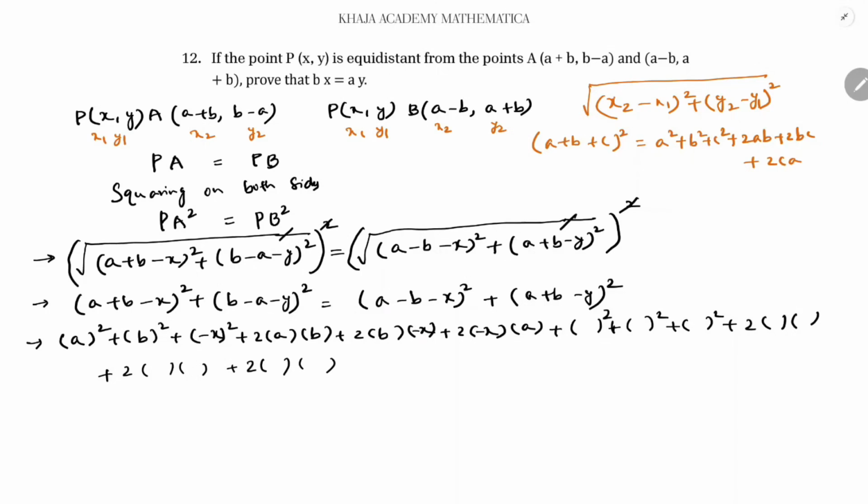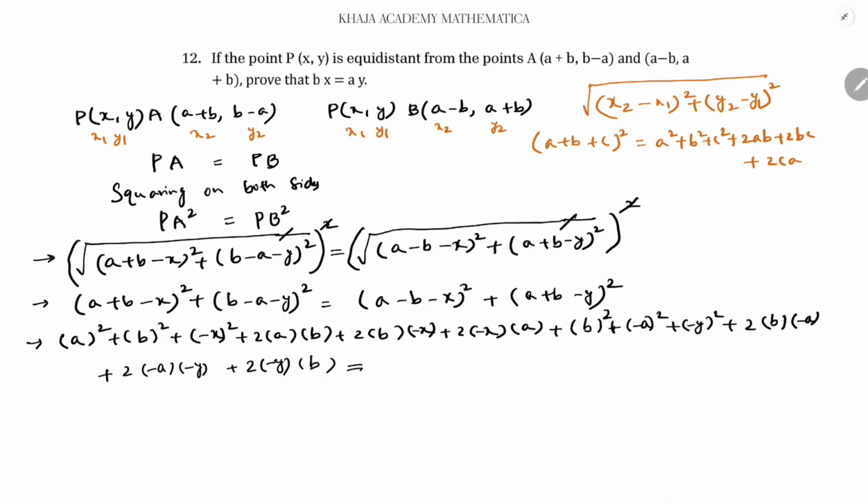So here in place of a we have b, in place of b we have minus a, in place of c minus y. On the right side, this one, (a − b − x) whole square.